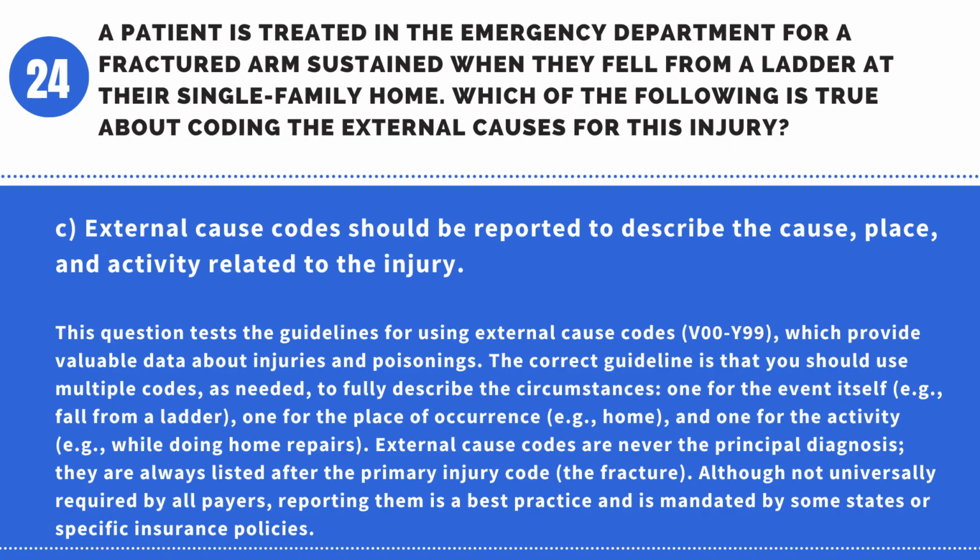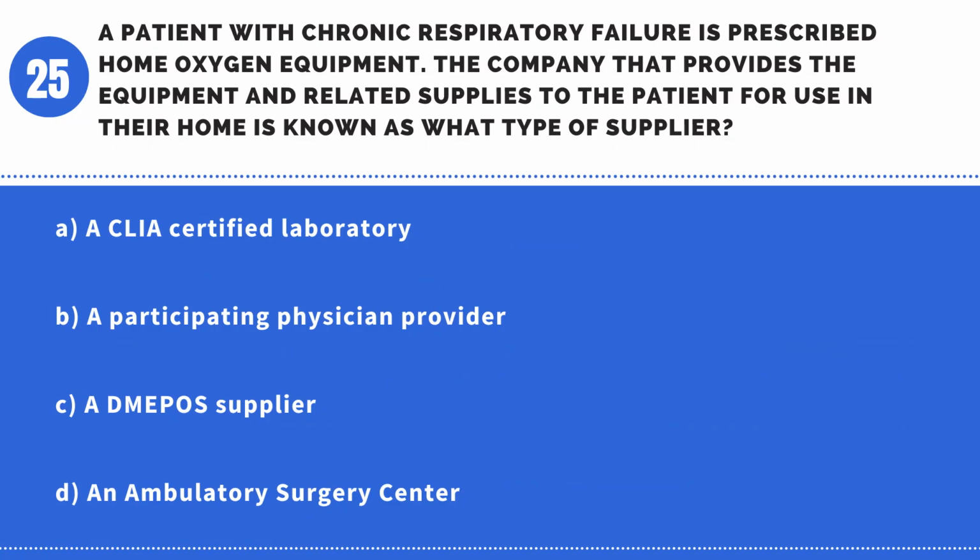External cause codes are never the principal diagnosis, they are always listed after the primary injury code, the fracture. Although not universally required by all payers, reporting them is a best practice and is mandated by some states or specific insurance policies.